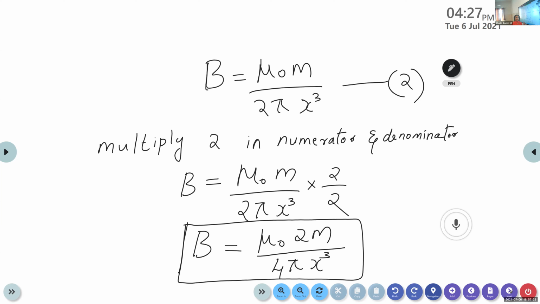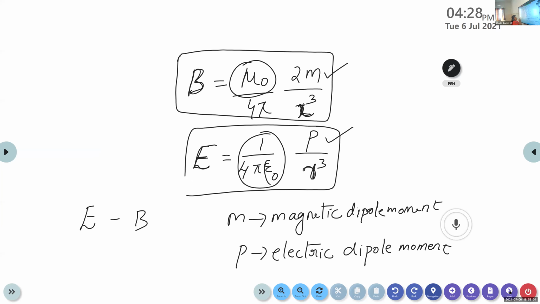Now, in order to compare this equation with that of the dipole in the electric field, or in electrostatics, we multiply and divide this equation by 2. So we get B = μ0 m divided by 2π x³ into 2/2. Then the equation becomes B = μ0 2m divided by 4π x³. In the next step, we compare the dipole that we obtained in the magnetic field with that of electrostatics.